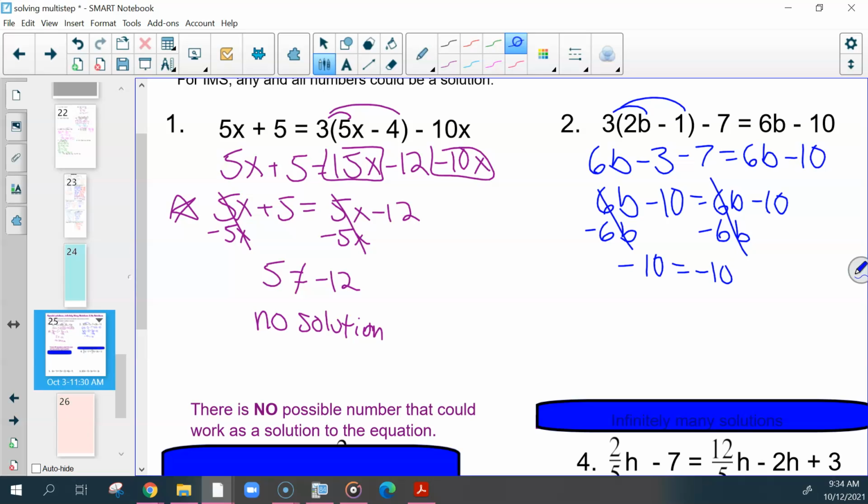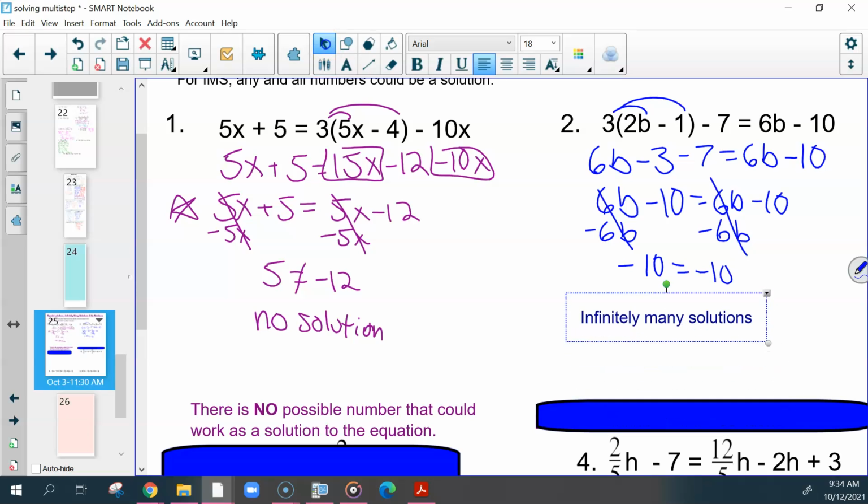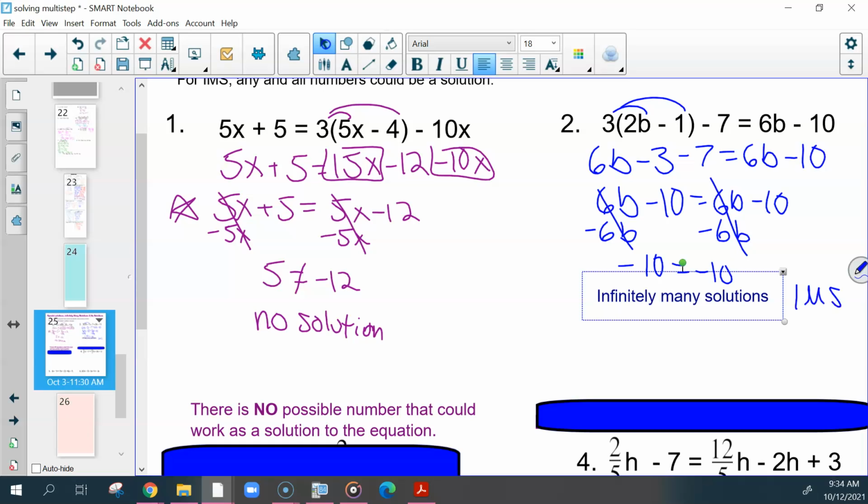Yes. So when you get this, and you have variables on both sides, this is going to be infinitely many solutions, or IMS. So if you see, as you're solving it, that you have the same constant and the same coefficient on both sides, this is going to be infinitely many solutions every single time.